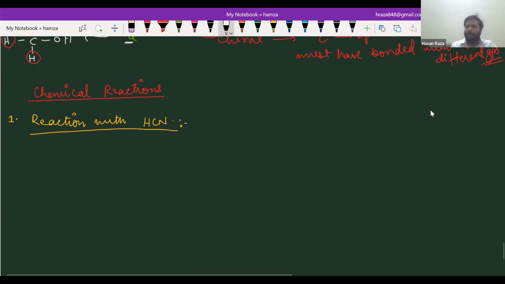So we have to do at least 9 reactions of glucose with different reagents. Do you know how this works? As you know, aldehyde groups are there. So you have to understand how aldehyde reacts with hydrogen cyanide. First of all, in glucose, there are two functional groups, aldehyde and alcohol.